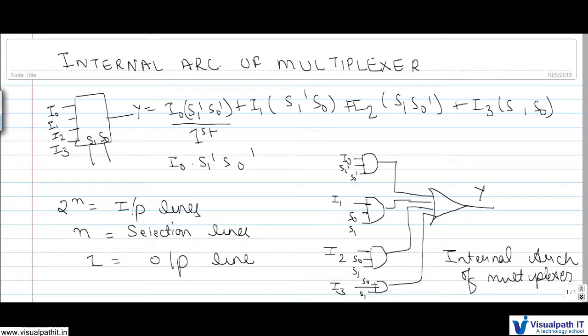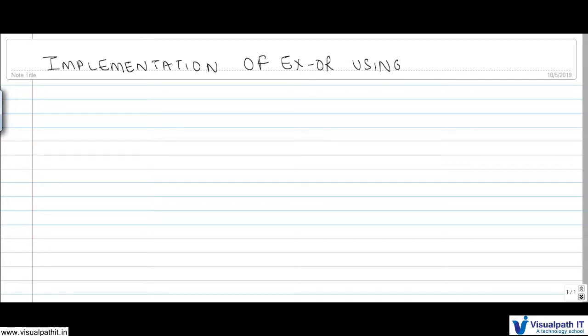Now let's try to implement some logical circuits with the help of a multiplexer. Let's implement an XOR gate using a MUX, or multiplexer.